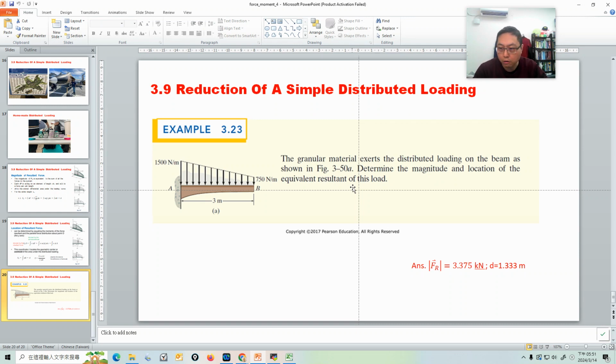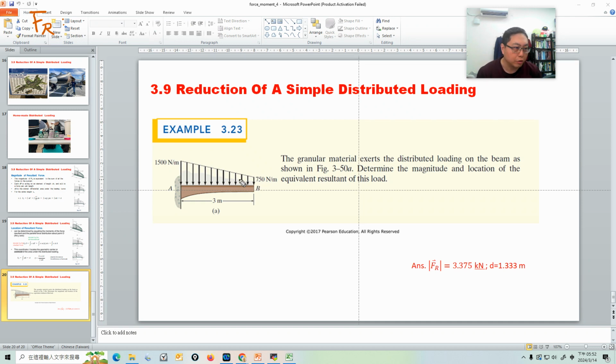Let's start. For a simplification, our goal is only two things. First, finding the resultant force, which is the area under the distributed load curve. The distributed loading curve is right here, and it's a trapezoid.